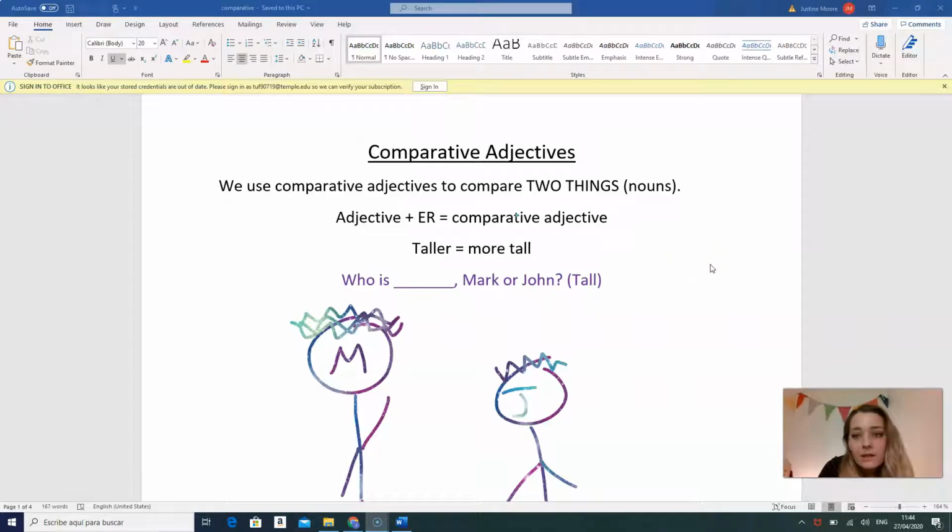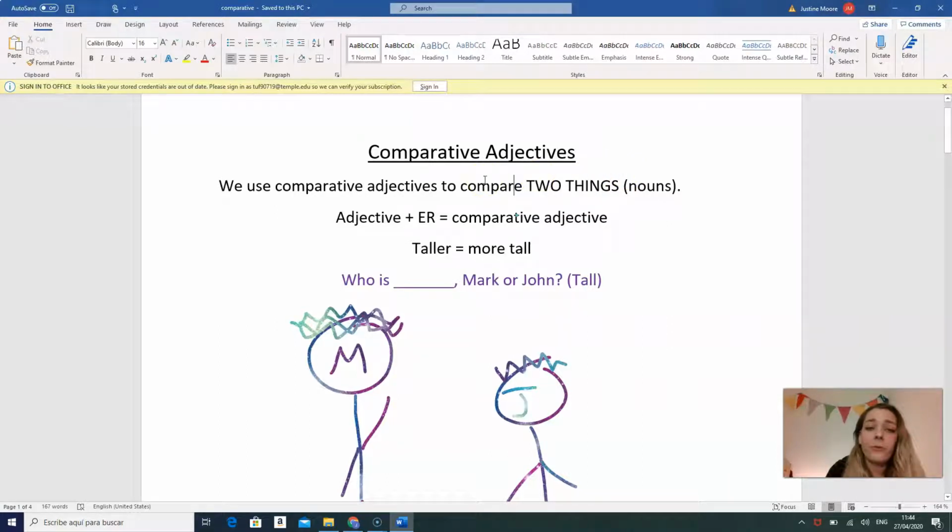Okay, so in this video, we are going to be talking about comparative adjectives. Now, we all know what an adjective is. It describes a noun. We use comparative adjectives to compare two things, two nouns.